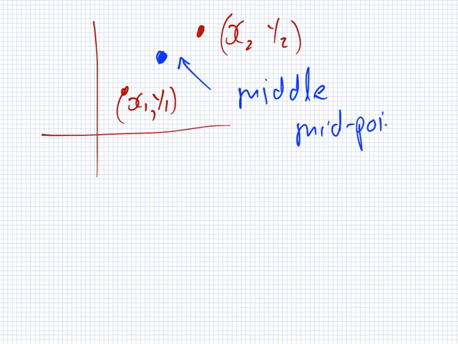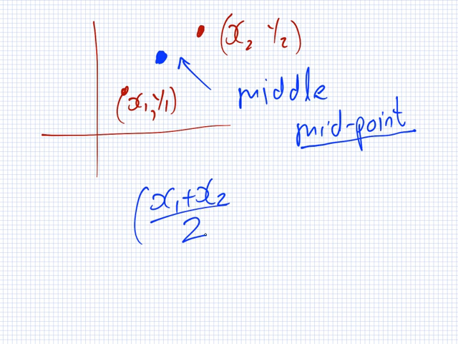That's the one. Everybody always mixes it up. So the point in the middle, which is called the midpoint, that's just x1 plus x2 over 2, and then y1 plus y2 over 2. So this is like our first formula. This is how to get the midpoint.